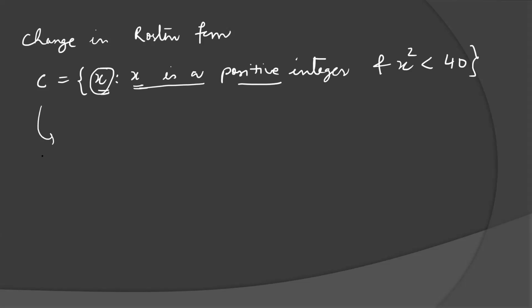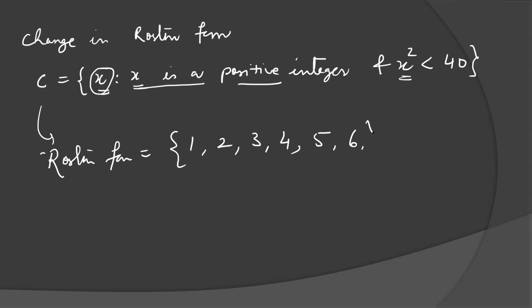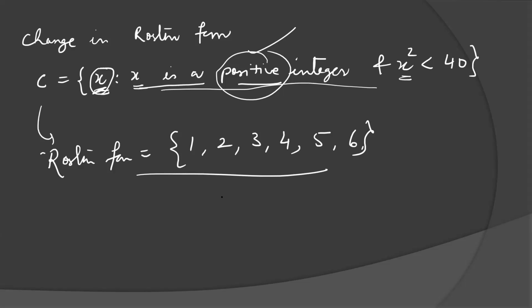So what will be the roster form here? It should be separated by commas. Can you tell me? 1 square is less than 40, 2 square is also less than 40, 3 square also, 4 square, 5 square, 6 square, 7 square is greater than 40. And we can see that minus 2 square is also less than 40, but we are interested in positive integers only. So a collection of all x which satisfy this property, that will be the roster form here.